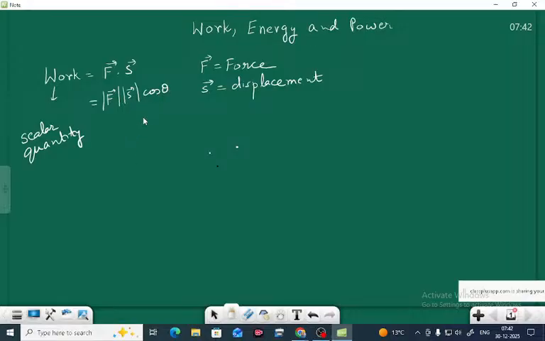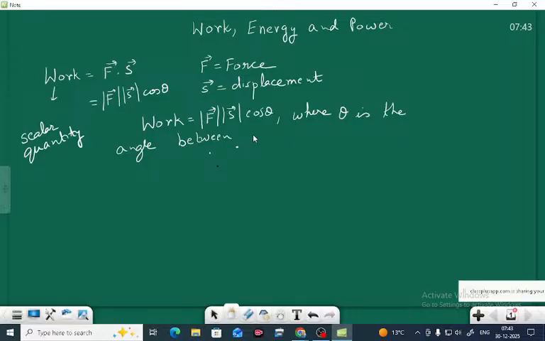So work is equal to modulus of F into modulus of S into cos theta, where theta is the angle between force and displacement.